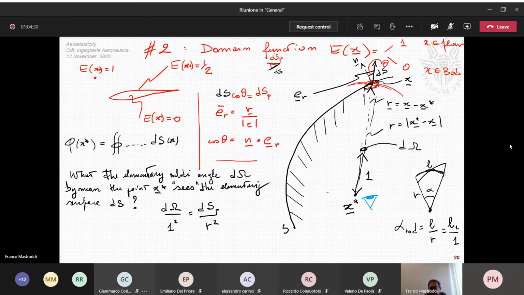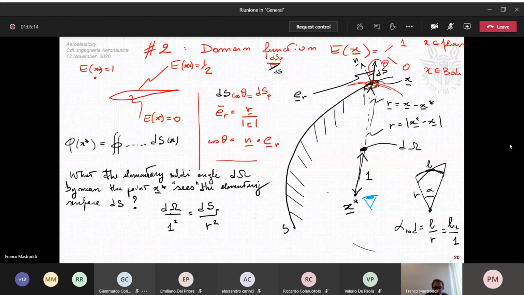The angle in radian seen by a point which is seeing a surface S is essentially the projection of such surface here onto the sphere with the center in the point and with the radius equal to 1. And this is the measure of the angle in radian. And we can obtain this from our drawing here, just applying this proportion.